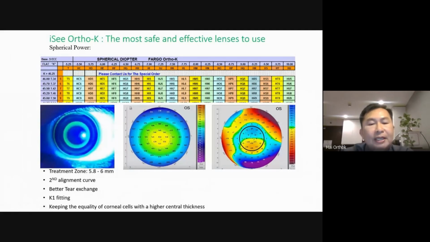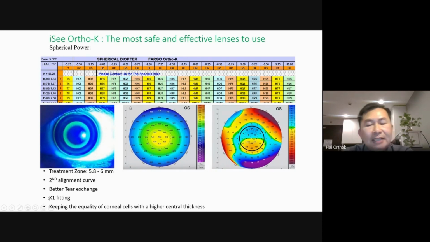Why is the IC lens safe? Because first, we can have the dispensing set of AutoCAD IC lens with 5.8 to 6 millimeter, making a smaller treatment zone if needed in order to treat hyperopic patients. We have the second alignment curve. We have a better tear exchange, as I showed you in the previous slide.